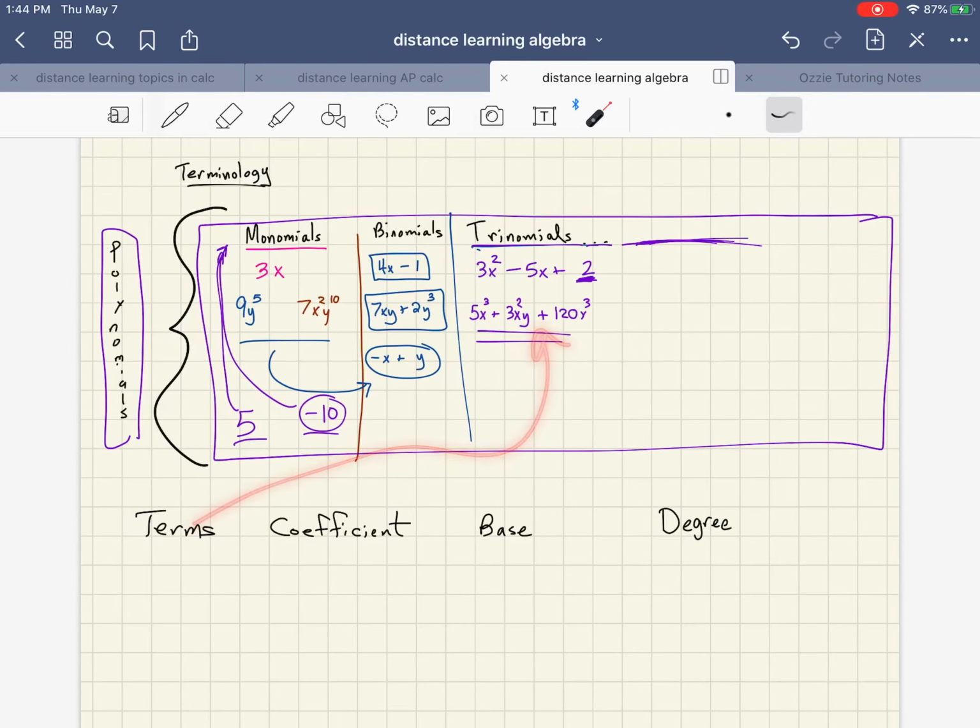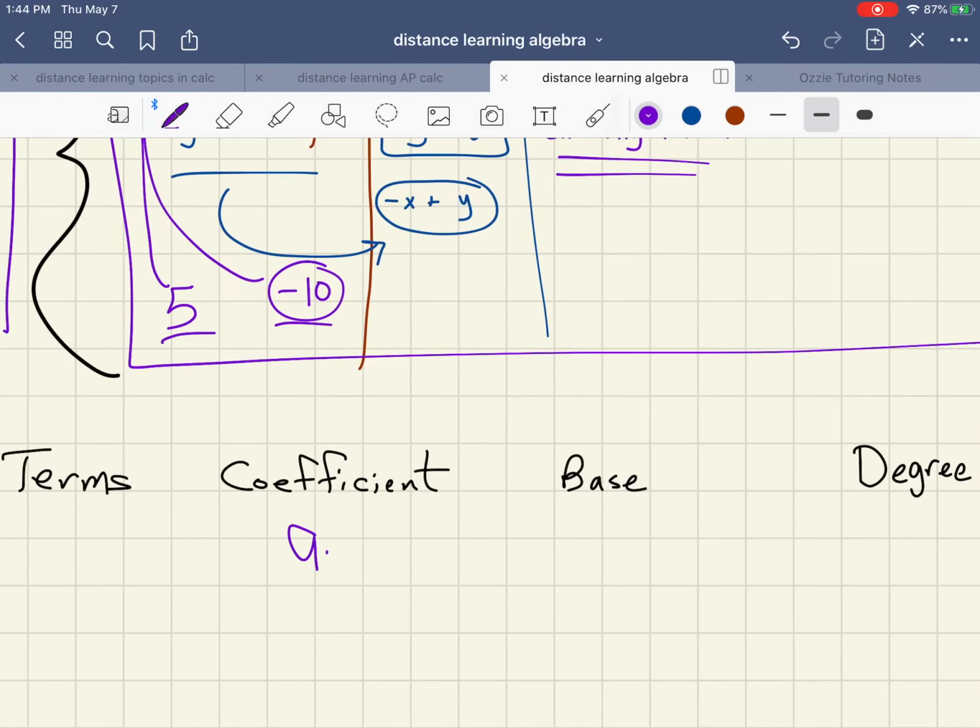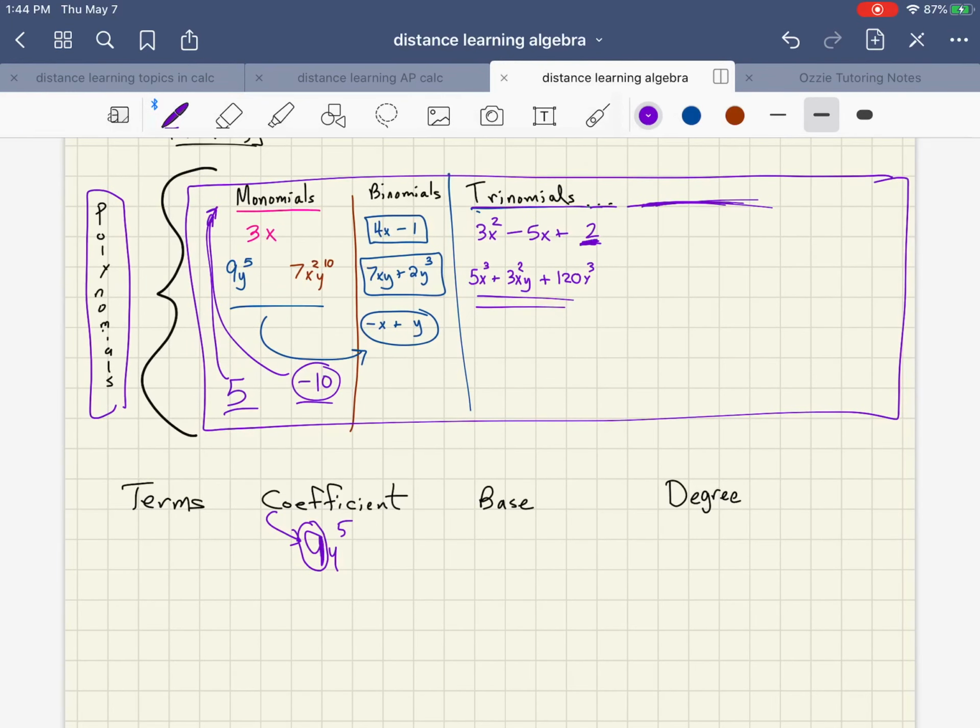If you look at the trinomial, you have 3 terms. Coefficient. The coefficient of this monomial is the number in front. So I'm going to write that down. 9y to the 5th. The coefficient is just the 9. And each term will have a coefficient, whether it looks like it or not.